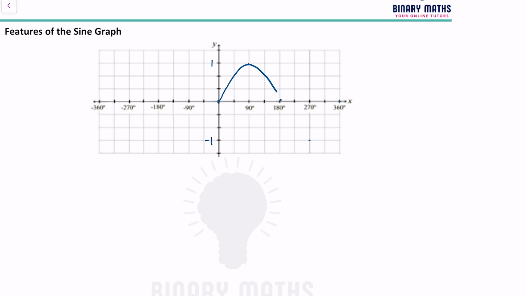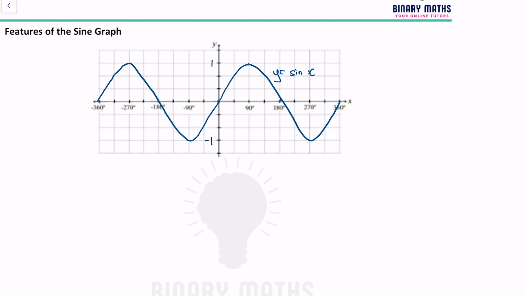So it looks like so, the sine graph. And because it repeats over and over again, because you can go around the circle more than once in the opposite direction, it looks like so. So this is the sine graph, y is equal to sine x.